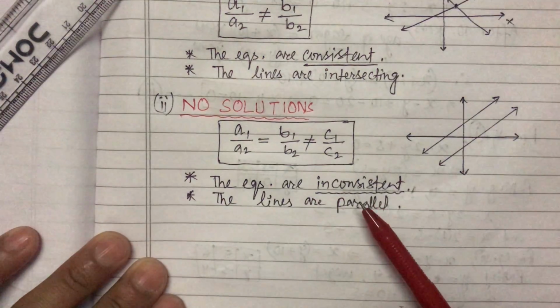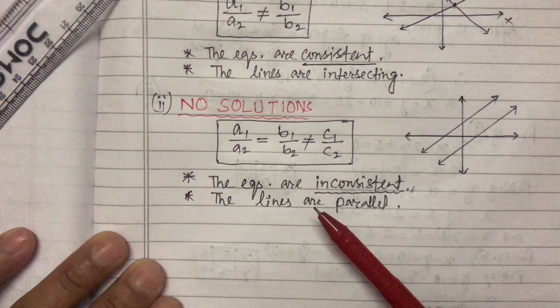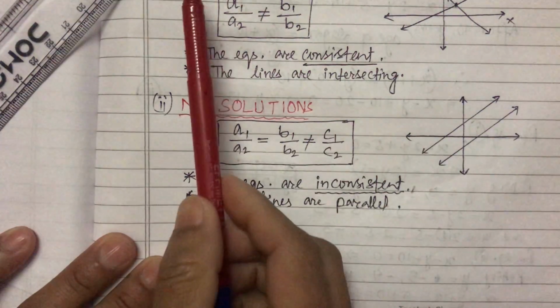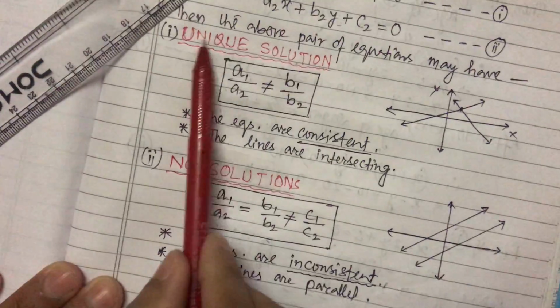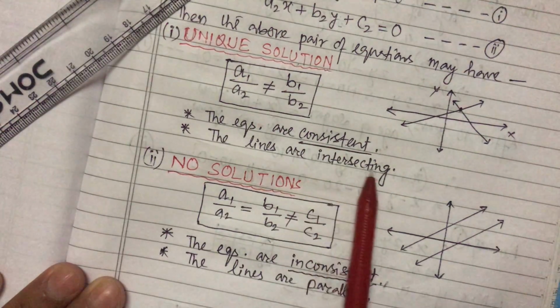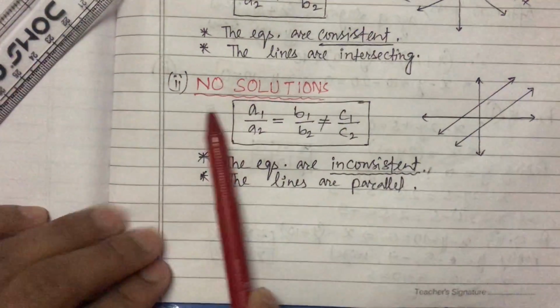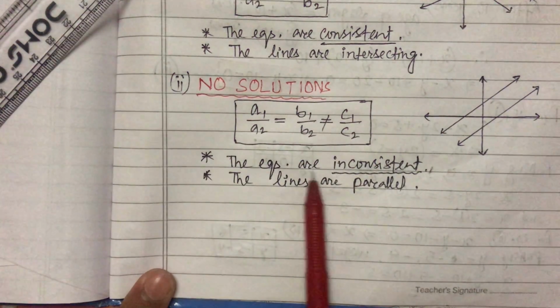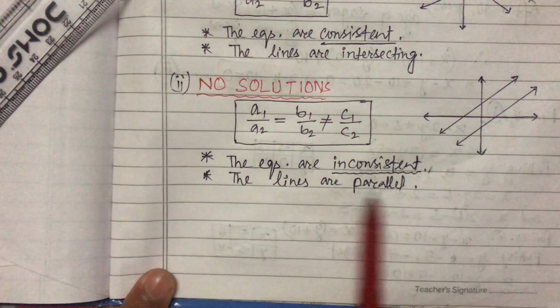So usually we use three different terms for the same thing. Like for the unique solution case, we can use either consistent or intersecting lines. In the no solution case, we can use either no solution, inconsistent, or parallel lines.